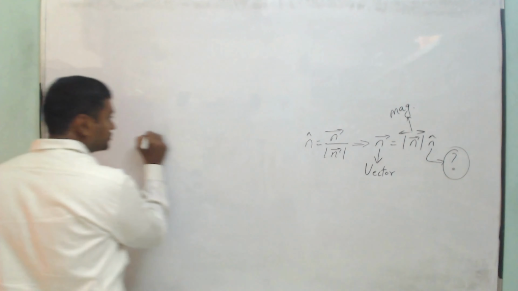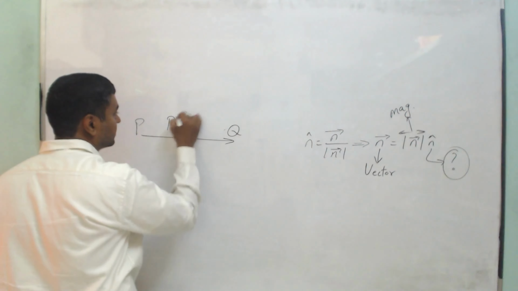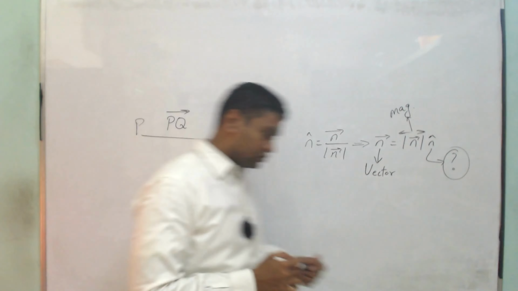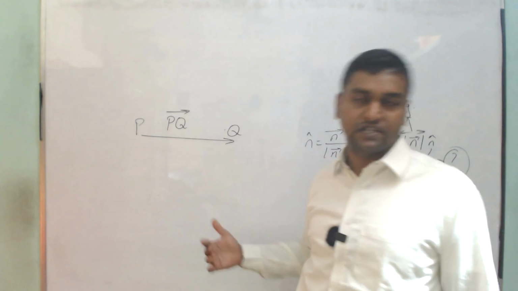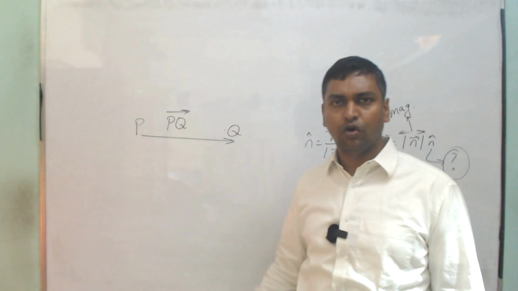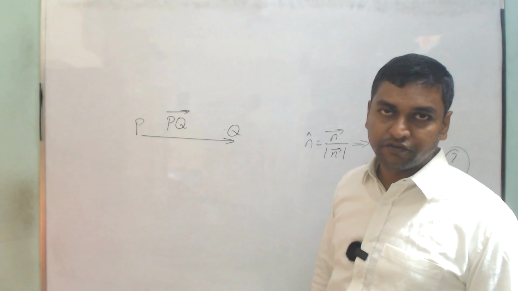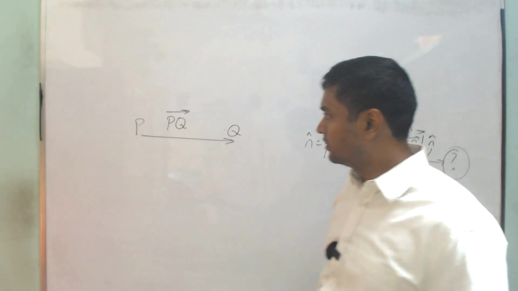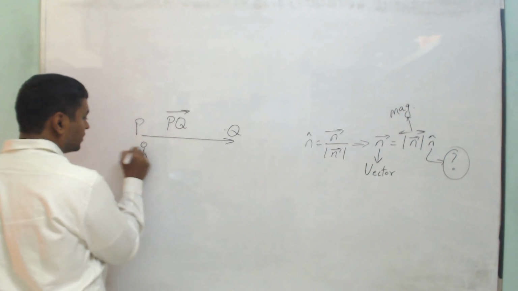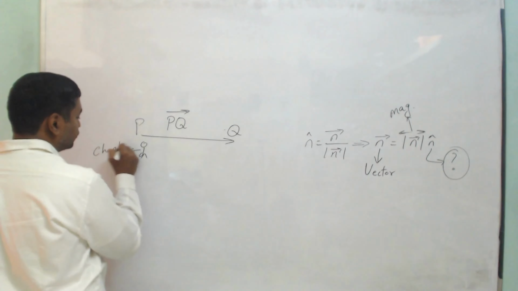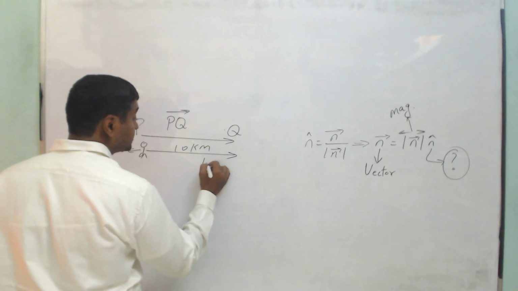Suppose there is a vector PQ bar. Now see, we are discussing vectors, so this applies to any vector, force, field, okay. The examples we discussed yesterday all apply to physical quantities: torque, acceleration. We have shown a vector PQ bar. Specifically I will give an example that there is a person called Chandu, and Chandu is walking from P to Q for 10 kilometers towards east.